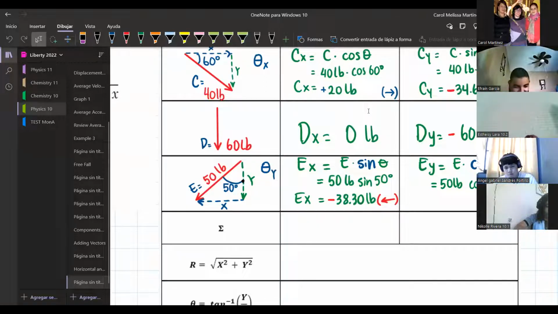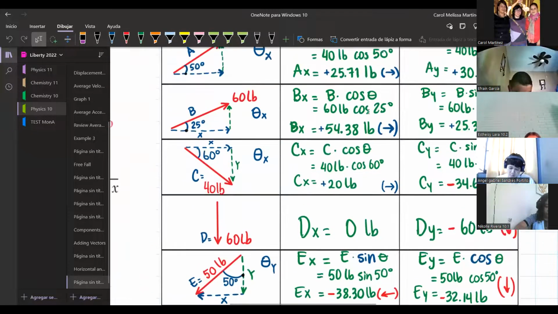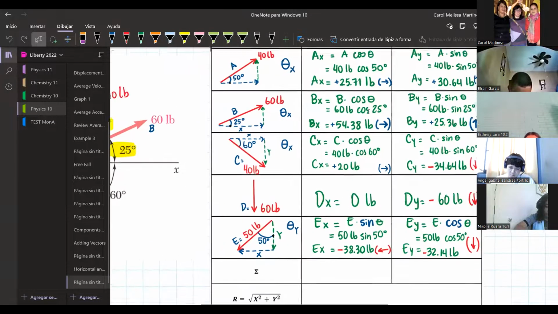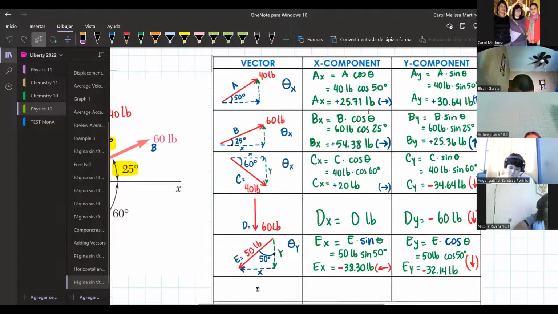So this gives us EY equals 32.14 pounds. Because it's going down, it's going to be negative. Very good, Stacy, very good, Angie. 32.14 pounds, negative. So now we have the table complete, at least just the components are complete.